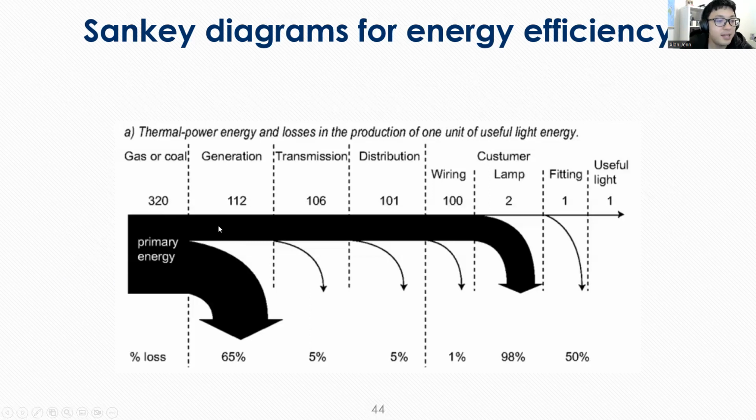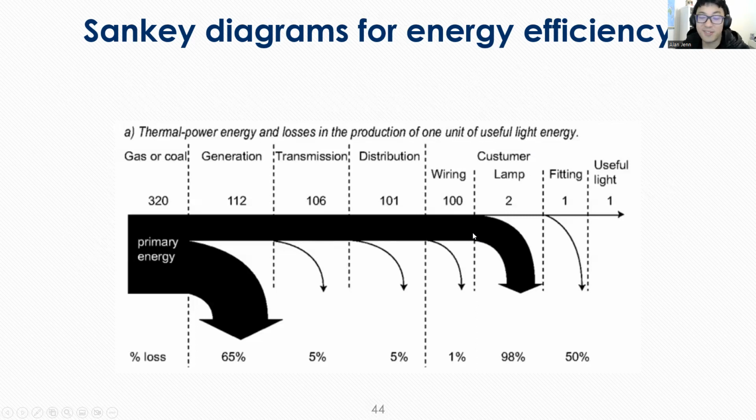And then that electricity has to get sent through your electricity system, your transmission system, distribution. You have some losses happening there, 5% in each case, followed by wiring, a little bit of losses, and then your customer lamp.